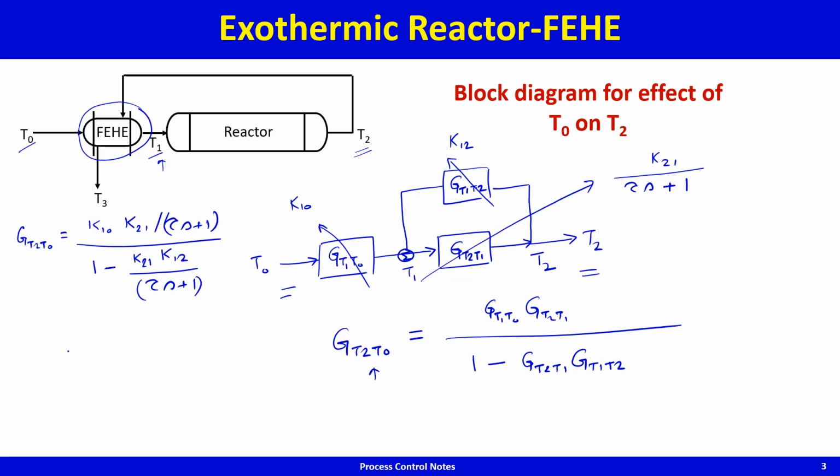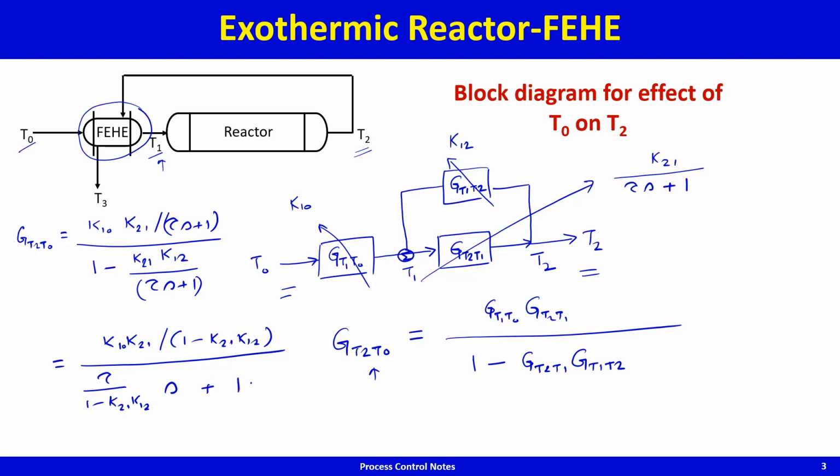If you solve it and put it in standard form, it's going to be K10 K21 divided by 1 minus K21 K12, divided by tau divided by 1 minus K21 K12 times s plus 1.